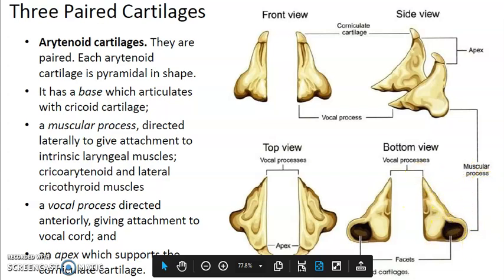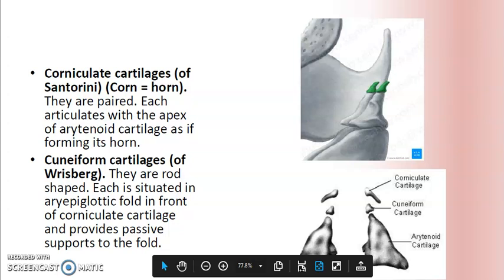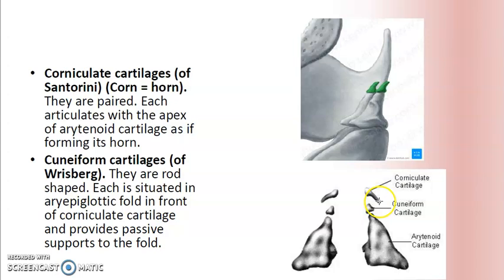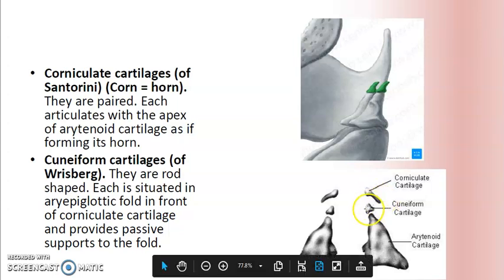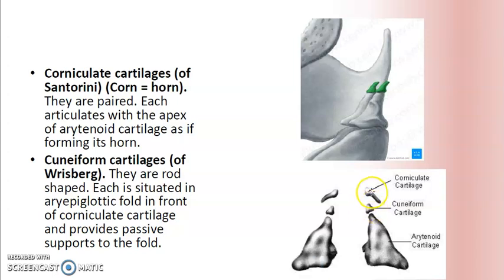Got it? The next two cartilages are the corniculate and cuneiform cartilages. The corniculate cartilage is called so because it is like a corn or a horn-like structure. The cuneiform is wedge-shaped, like a piece of cake. These two cartilages are present within the fold of mucous membrane called the aryepiglottic fold, from arytenoid to epiglottis.